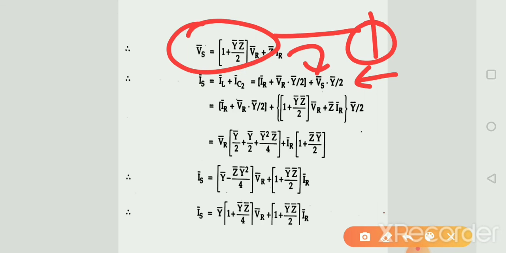Now we get equation 2. After putting it, we make the standard equation form of this equation. We get the value of Is equal to (Y minus ZY squared by 4) into Vr plus (1 plus YZ upon 2) into Ir.